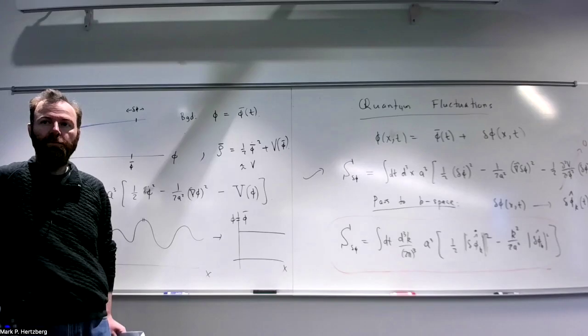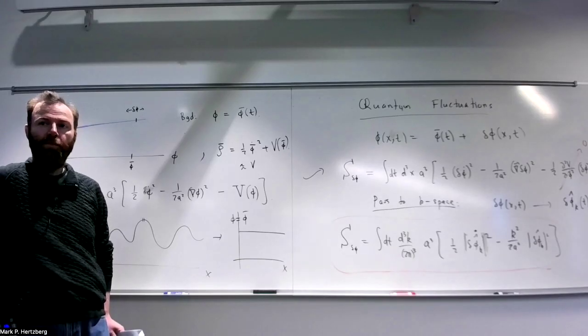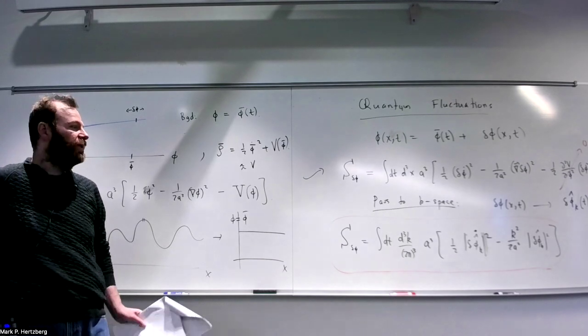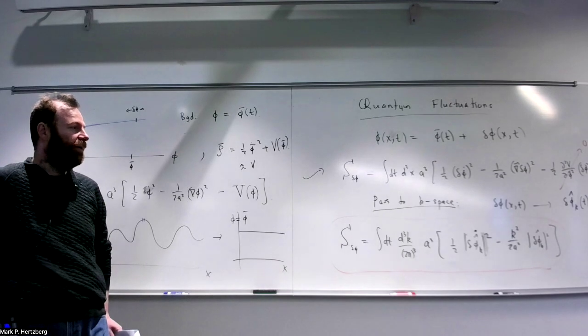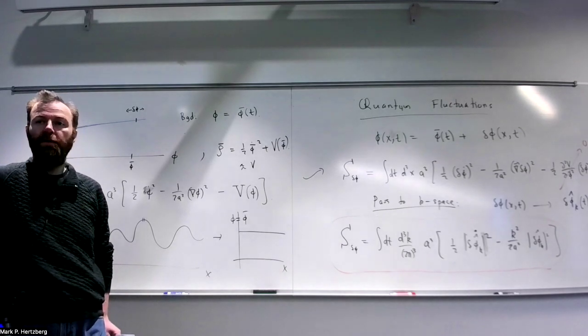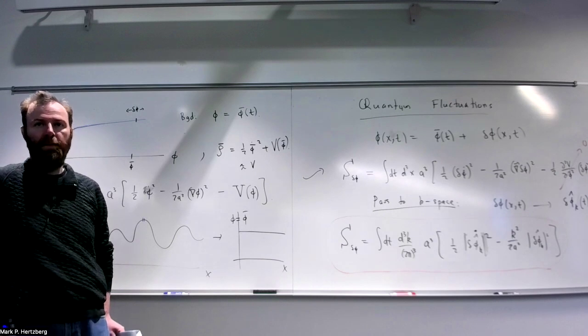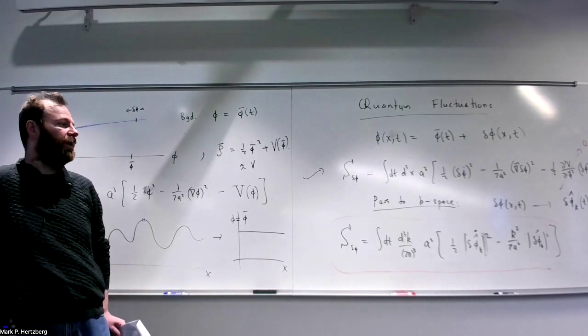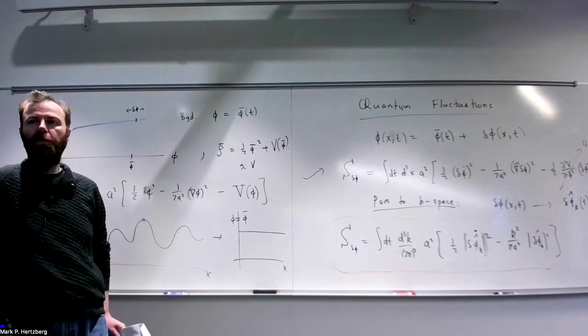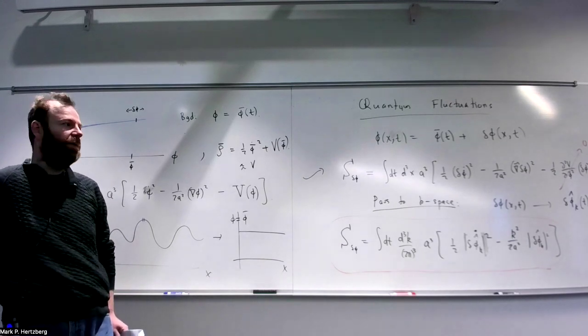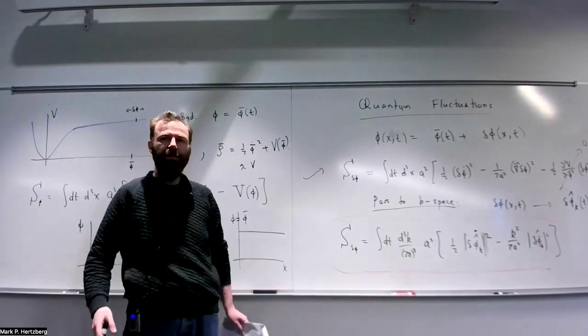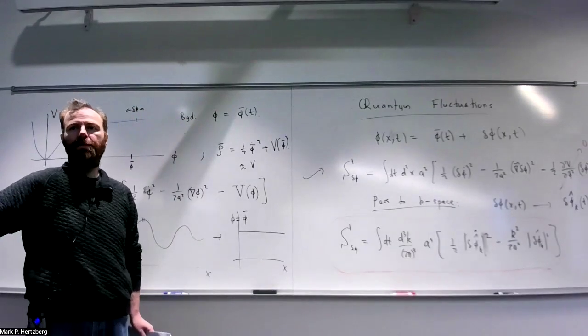When we translate x to k-space, that's going to pick up the 2 pi, but x0 is still... No, I'm just choosing to do a Fourier transform only in space. Yeah, I'm doing a 3-dimensional Fourier transform, not a 4-dimensional Fourier transform. If I did a 4-dimensional Fourier transform, dt would become d omega. I'm not doing that.